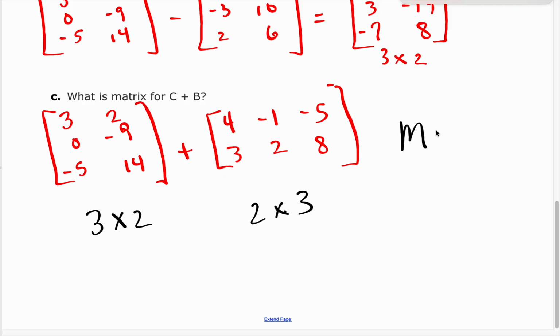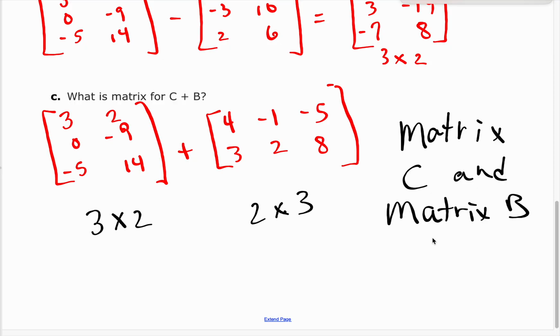So matrix C and matrix B cannot be added.